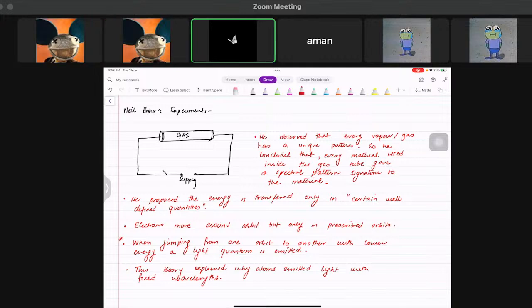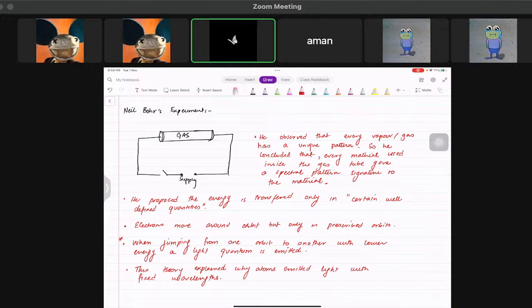So didn't we write lower energy in the point? Yes, when jumping from one orbit to another with lower energy. Like if an electron is at higher energy, you have heated it up and it goes to higher energy. When it returns back to an orbit with a lower energy, the energy that it had amassed previously, what would it do with that energy? It is going to release a photon of equivalent energy that it has lost now. Do you understand?